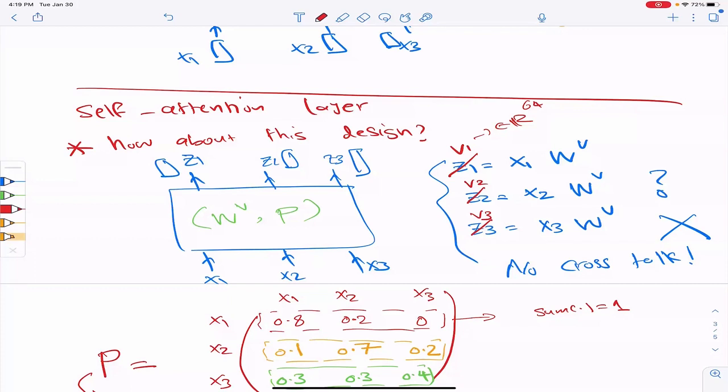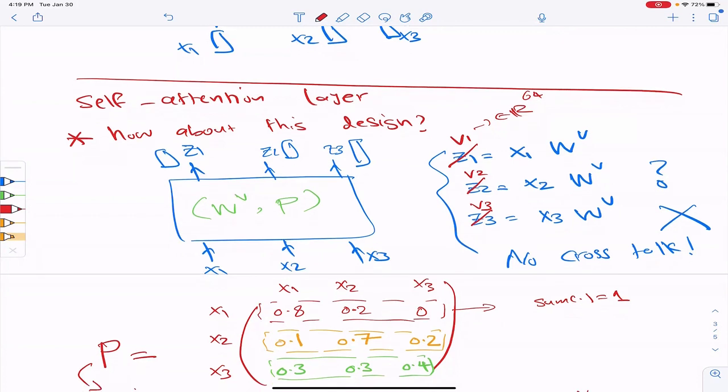How does someone go about constructing an attention matrix? Good question. We'll talk about that. For now, in fact answering your question, I'm asking my optimization to learn not only this WV matrix, which is just massaging the individual embeddings, but also the attention matrix P itself.